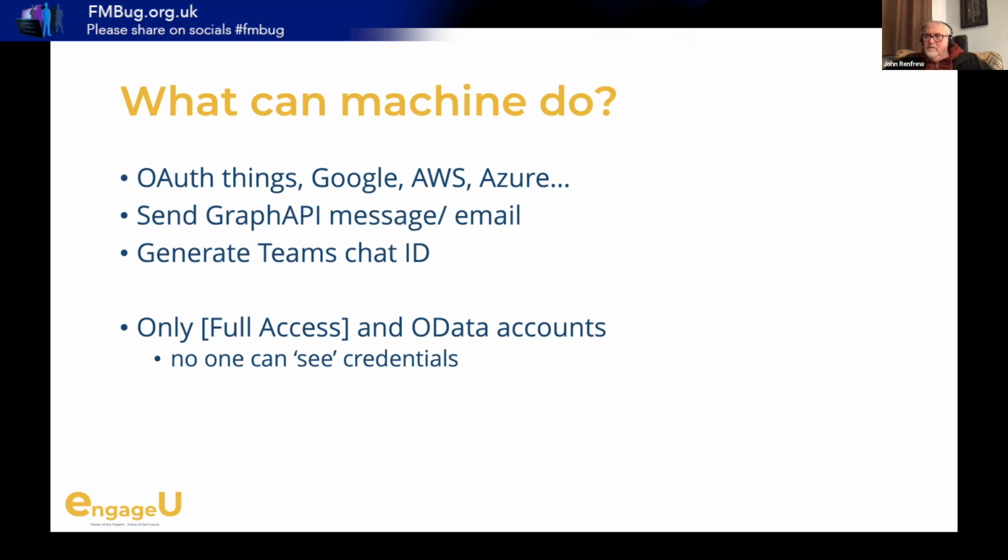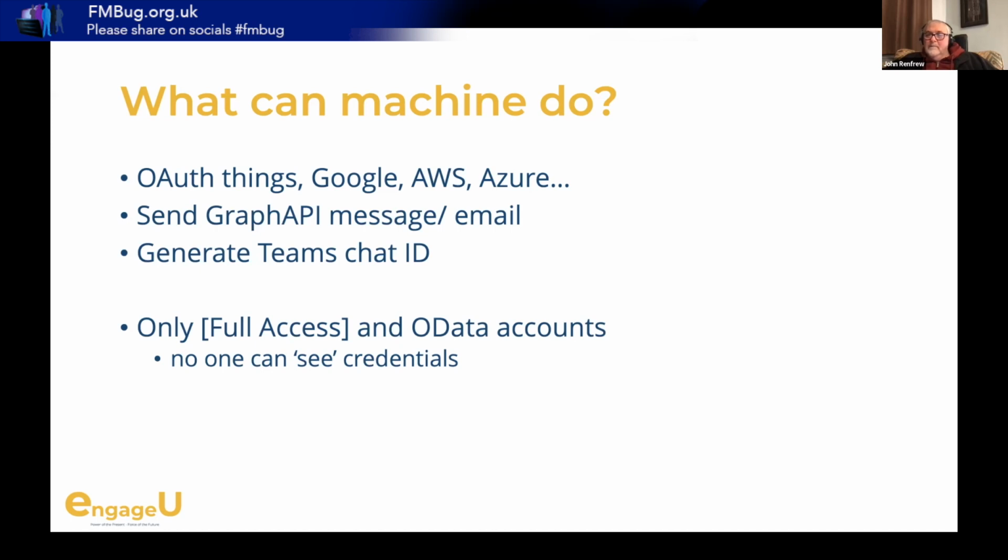One of the advantages of doing this is that this machine file in the middle, which does your OAuth stuff, only needs a full access username and password so that you can get into it and modify it as appropriate, and only a single user account which has the OData privileges turned on and nothing else turned on.